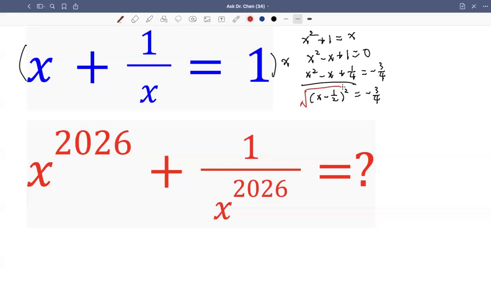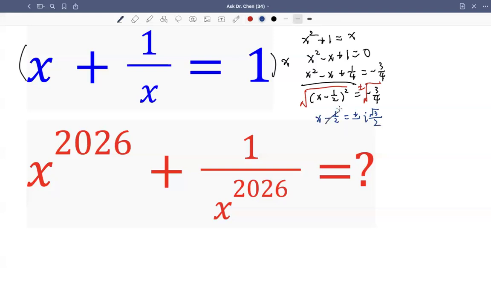Then we can square root both sides. So we get x minus half equals plus minus square root of a negative number, an imaginary number, right? Then square root of 3, the denominator square root 4, so it becomes 2.